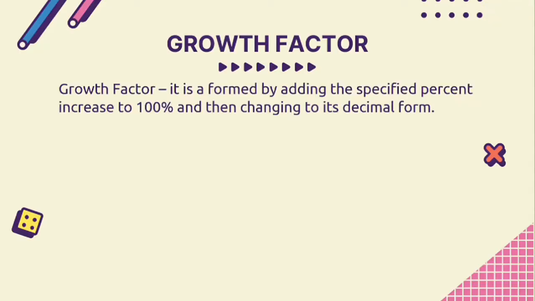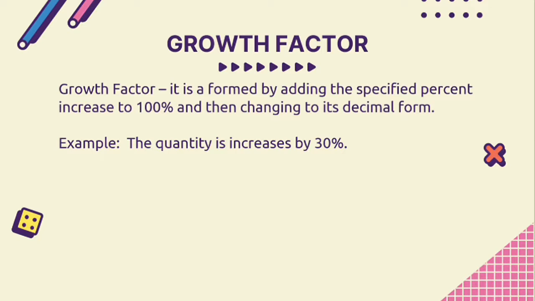Growth factor is formed by adding the specified percent increase to 100% and then changing it to its decimal form. Simply, just add 100% to the specified percent increase. To better understand this, here is an example. The quantity increases by 30%.